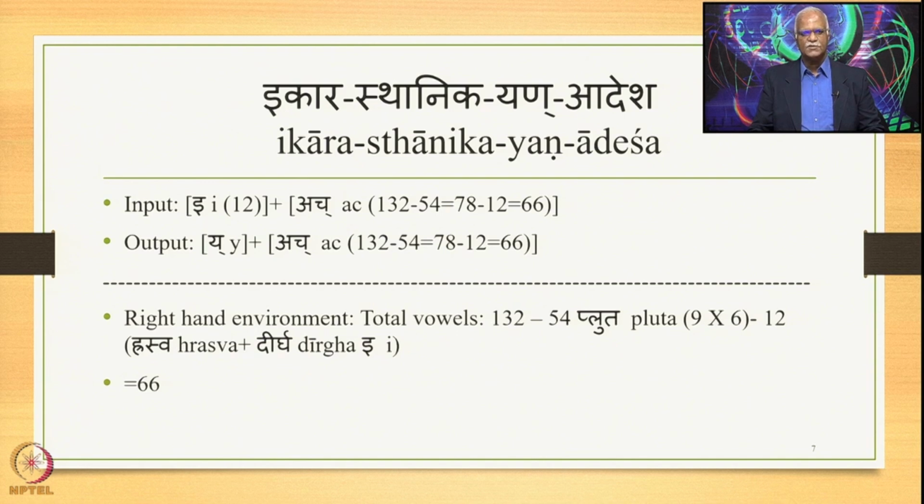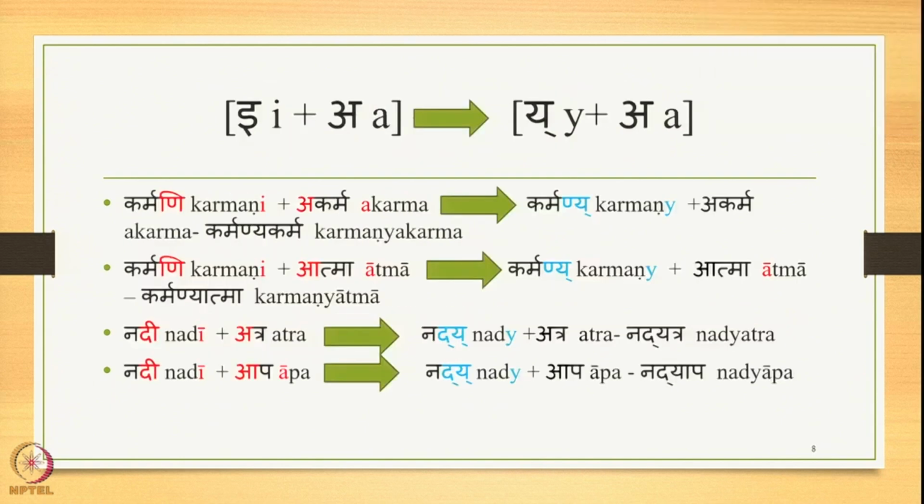So we have in all 66 vowels as the right hand side environment, and in that case the output is y plus h. Let us study each one type taking a few examples.